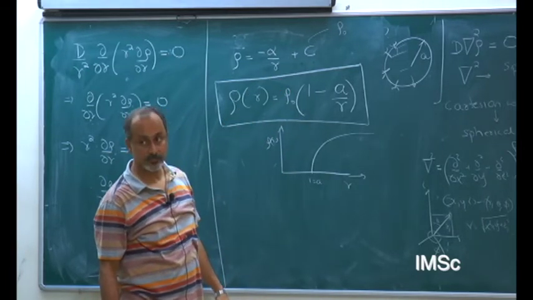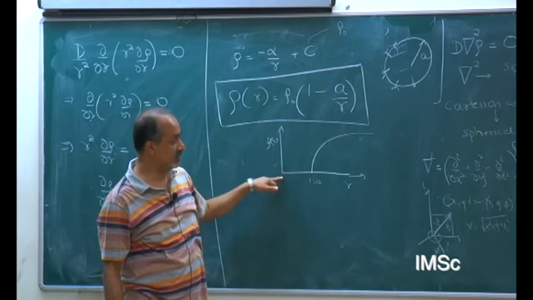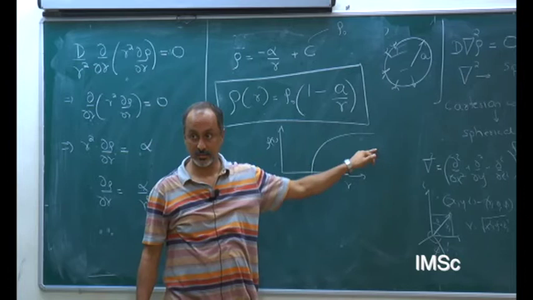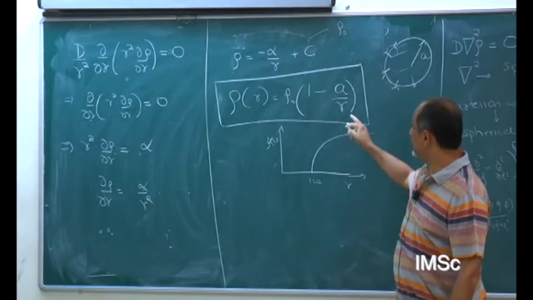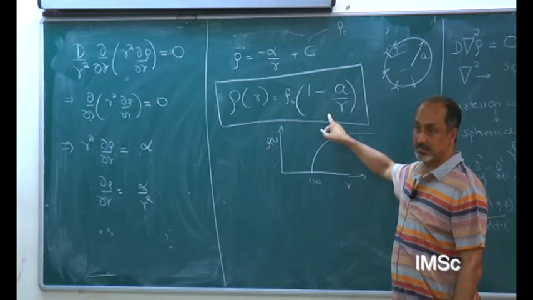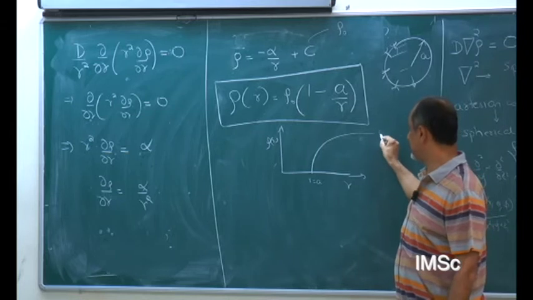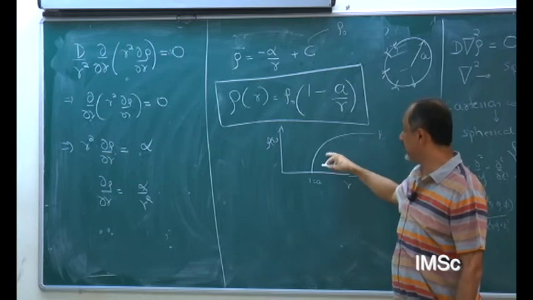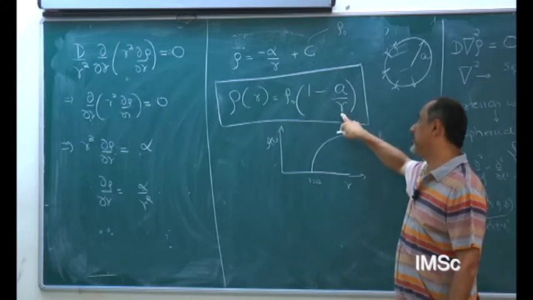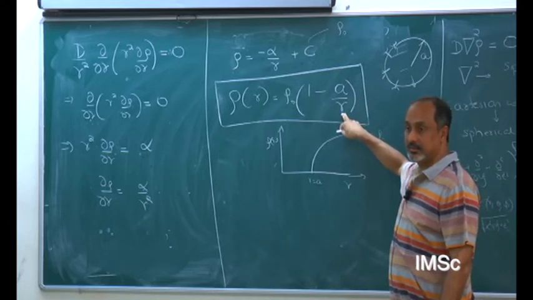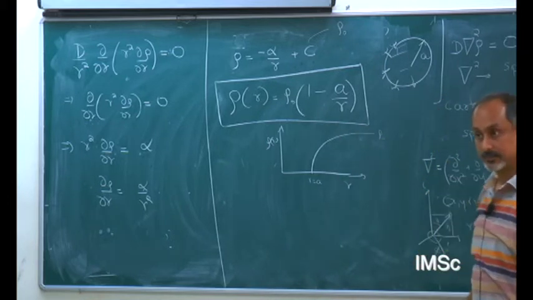Why did you draw this curve like this and not like that? Because I know that it is 0 over here and non-zero over here. Yeah, but why did you make it smooth? Because I am essentially plotting this function here. I know that it is rho naught far away. As I come closer and closer to this point, it goes to 0. No, I'm asking why did you draw a slope like this?